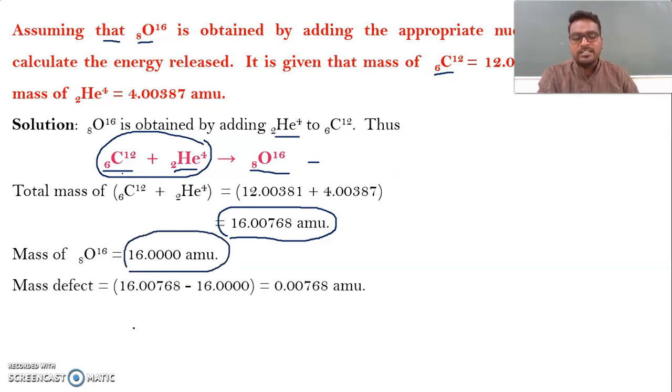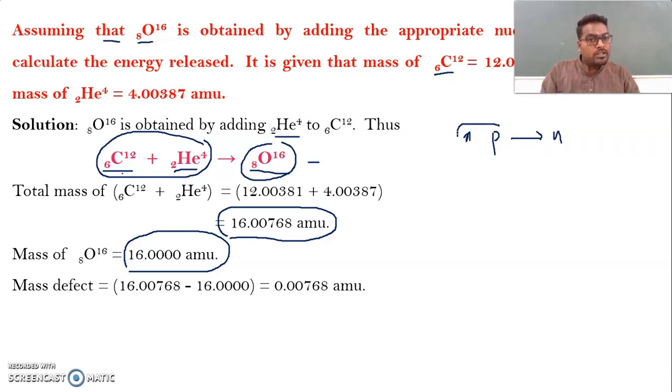Then the mass defect is given by, so here mass defect is nothing but what? It is the mass of the product nuclei. Here we are comparing two masses: the mass of the product nuclei and the individual masses of the reactants. Before we discussed the individual masses of neutrons and protons and nuclei.